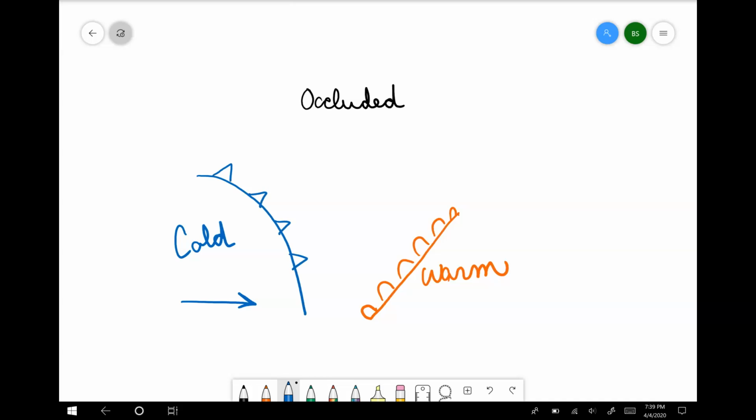And because the cold front has greater density, when it runs into the warm front, it's going to force the less dense warm air up. Let's look at an animation of what this looks like.